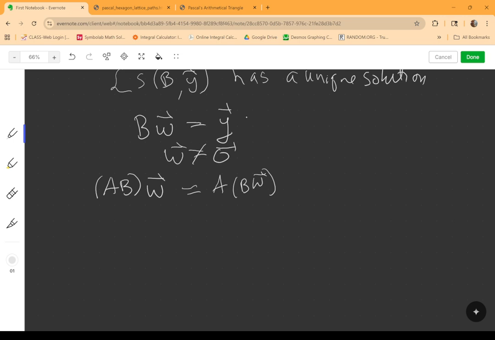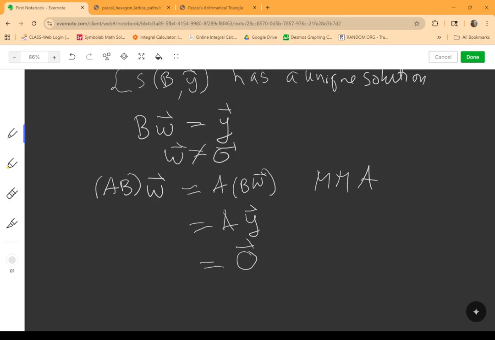Excuse me, I was running out of power here. Matrix multiplication is associative, so BW is y by our assumption, and also from our assumption, A times y is the zero vector, or y is a non-trivial solution of the homogeneous system.